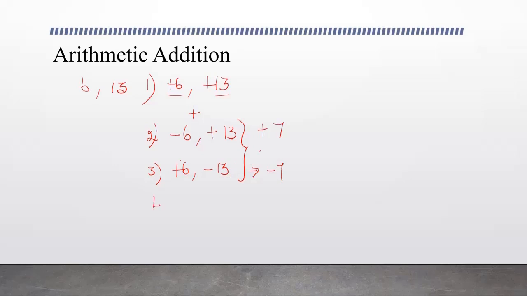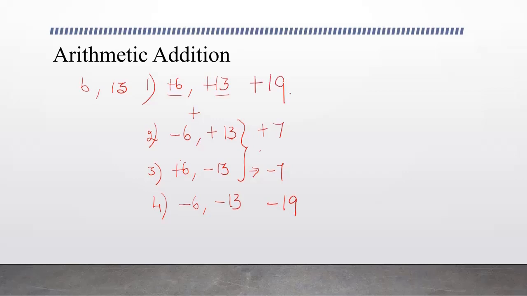And in the other case, both the numbers are negative. If we have to perform addition on these numbers, because the signs are the same, we add both the numbers and give the sign. The sign is minus, right? It's minus 19, and here it is plus 19.